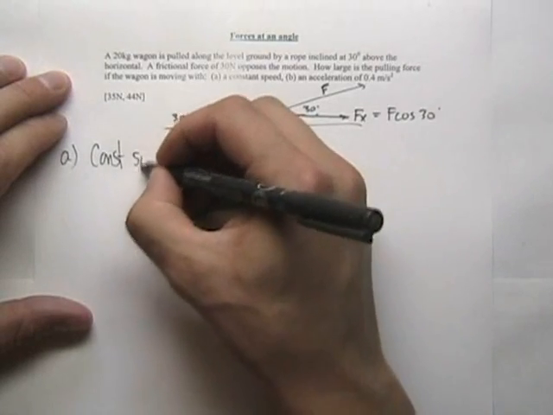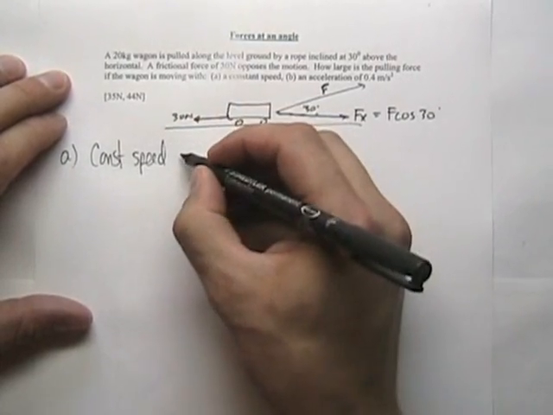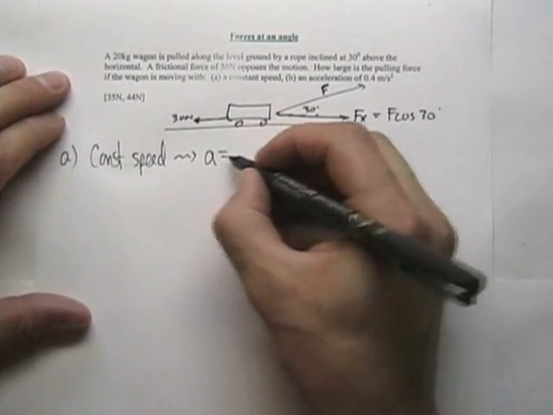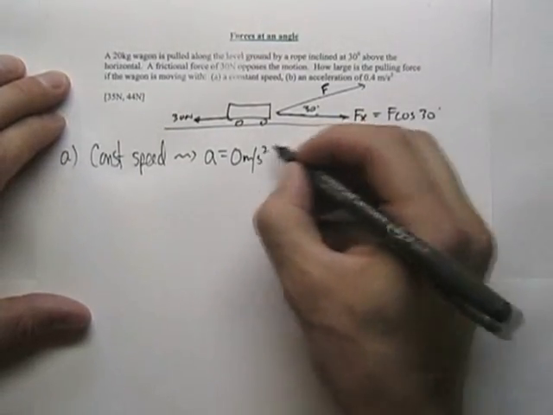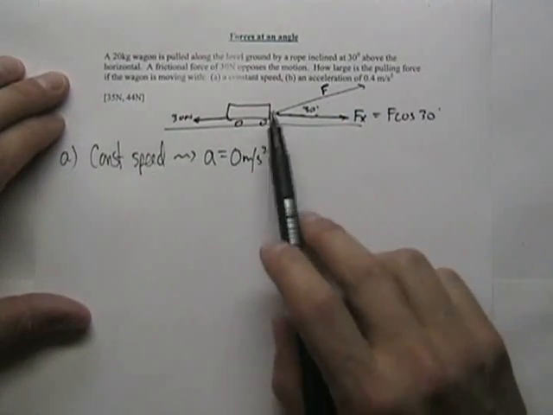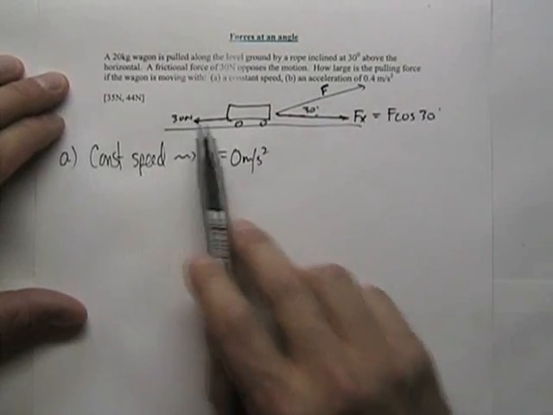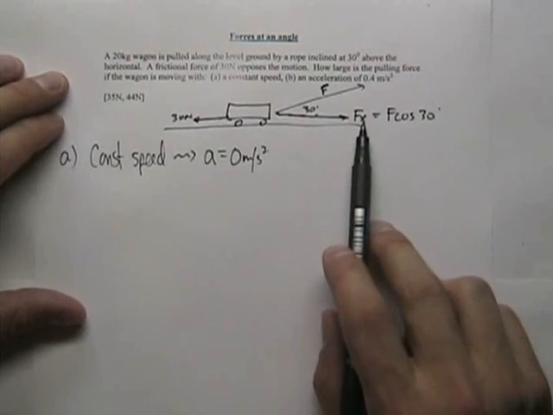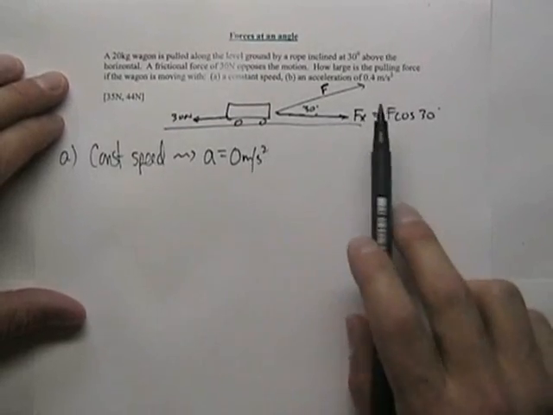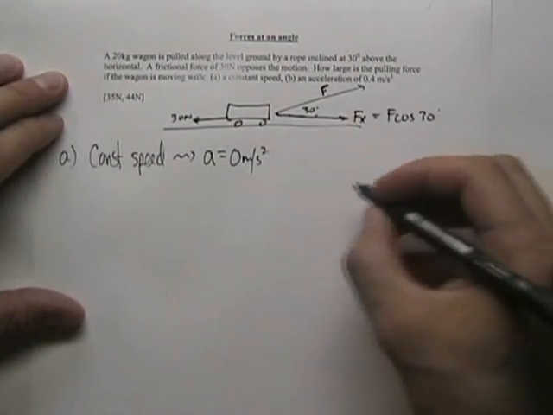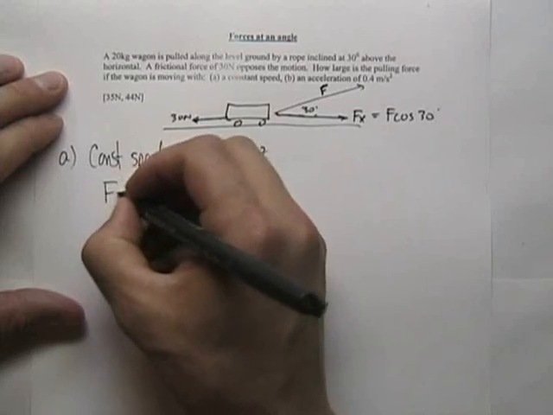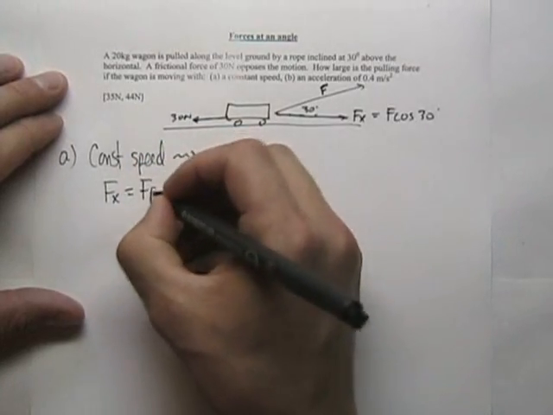Well, when something's got a constant speed, constant velocity, that means that your acceleration is equal to 0. Which means if you're not accelerating, that means that whatever opposing force 30 has got to be equal to whatever pulling force in the x direction, which means we know then that Fx has got to be equal to Ff.